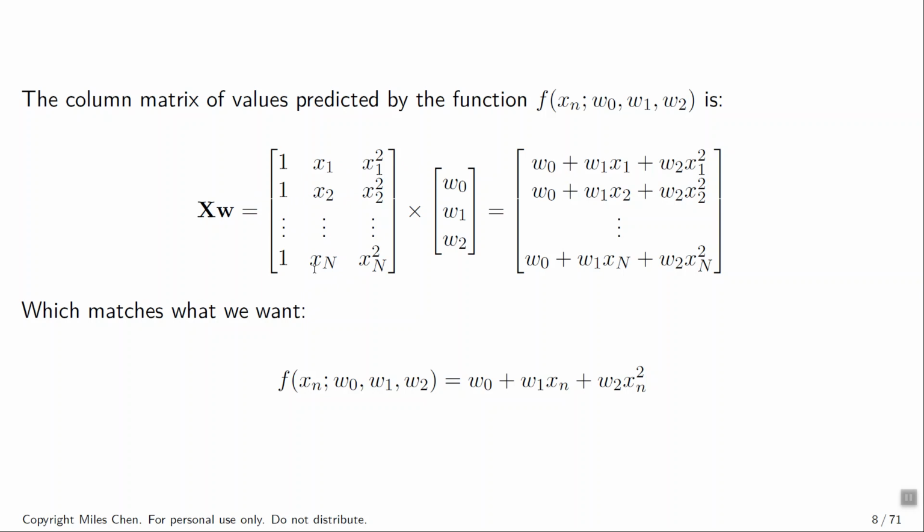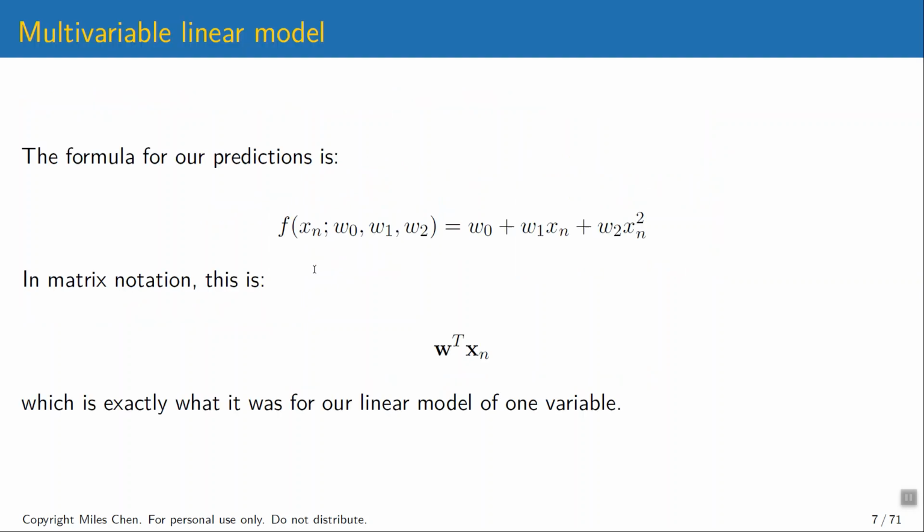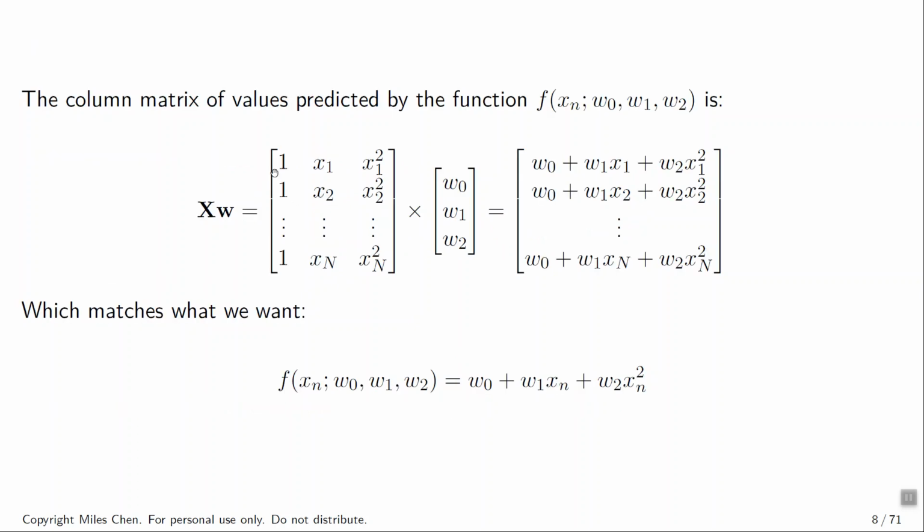Yes? Isn't the matrix convention row by column? Yes, the number of rows by the number of columns. So 3 by 1 would be 3 rows and 1 column. Correct. So xn is 3 rows, 1 column. And X is each observation transposed.